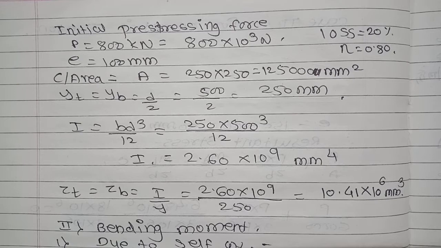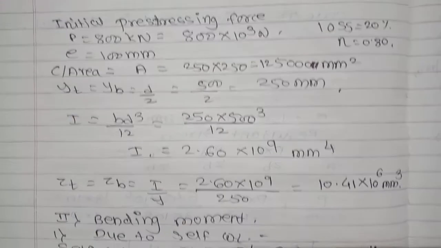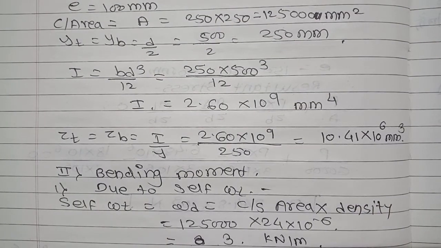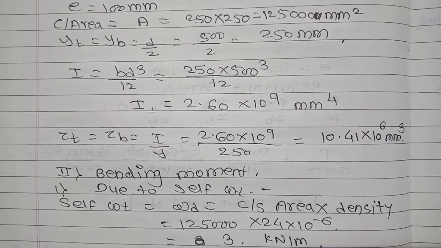e is 100 mm. Cross-sectional area is B into D. We got the cross-sectional area, and Yt equals Yb, we just found. Now moment of inertia equals bd cube upon 12. b is 250 mm and d is 500 mm as given in the problem, that's why bd cube upon 12. If we calculate this, we get I, the moment of inertia for the rectangular beam, as 2.60 into 10 raised to the power of 9 mm raised to 4.